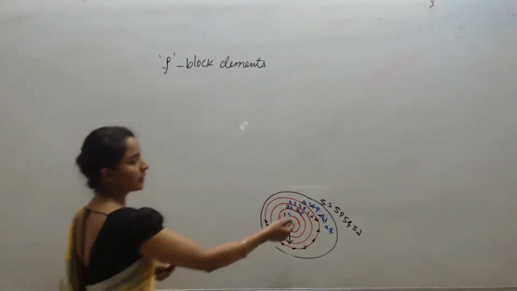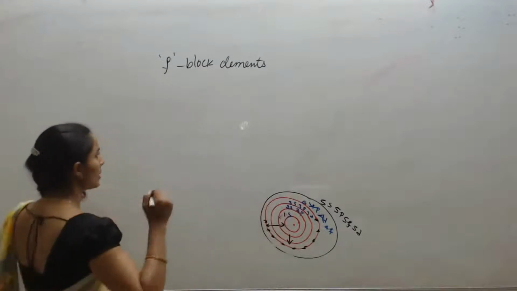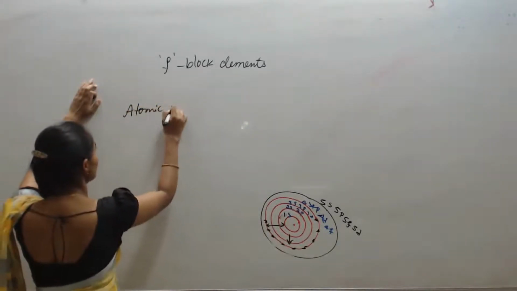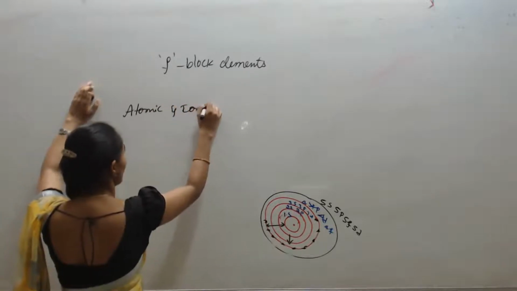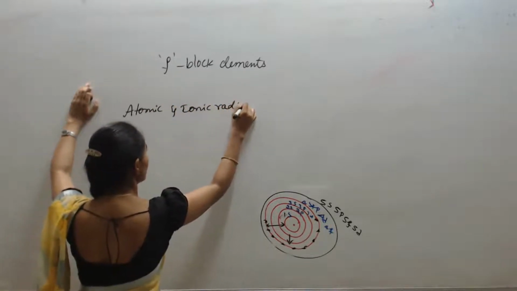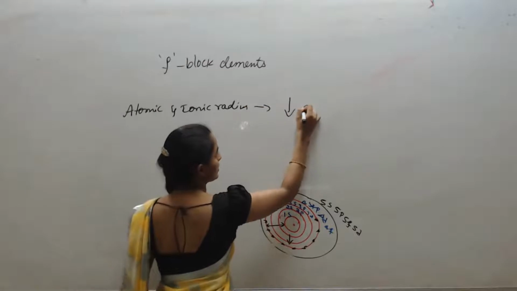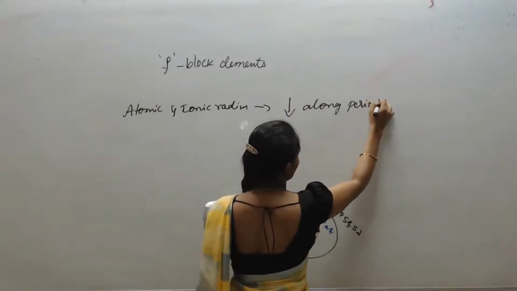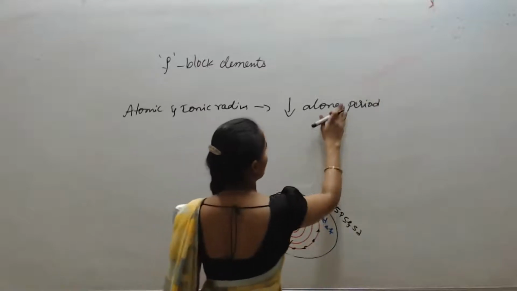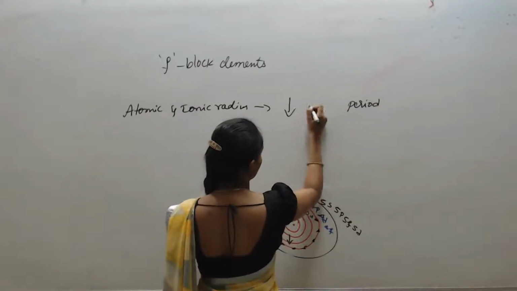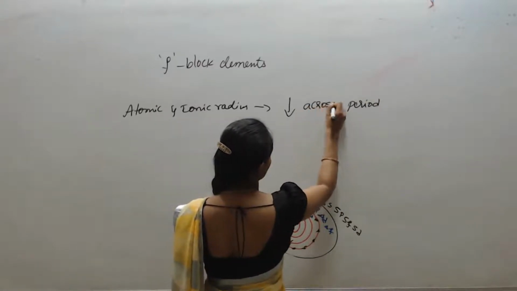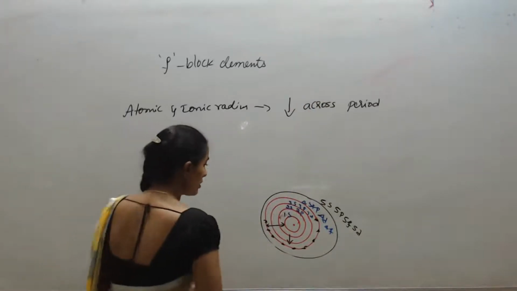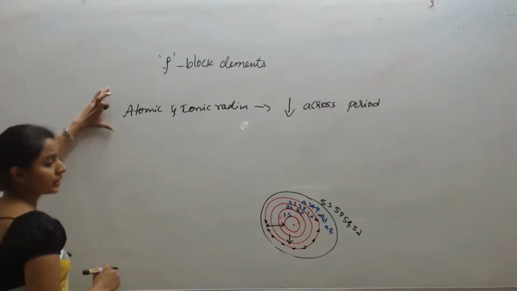The f subshell, that is the inner orbital shell. So that's why atomic and ionic radius decreases across the period. Okay. So here, why does it decrease?